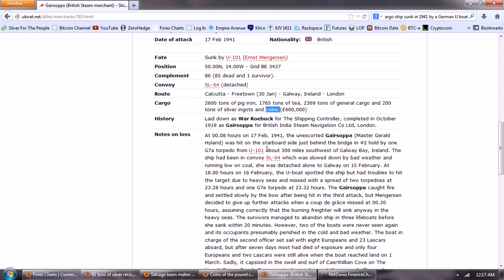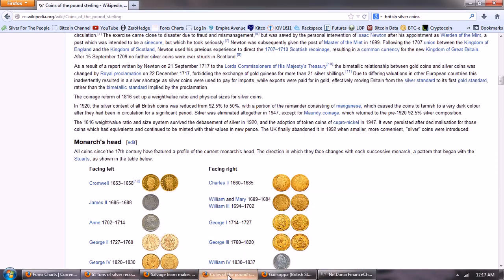But apparently, when we look at this story, they may be expecting it to have some kind of impact when we look at the language that he gives here. So that's very interesting. But before we do that, I wanted to look at the coins, because I became curious as to when the British demonetized their silver and what type of silver coins they were making at the time. And you can see there, this is a Wikipedia article, Coins of the Pound Sterling.